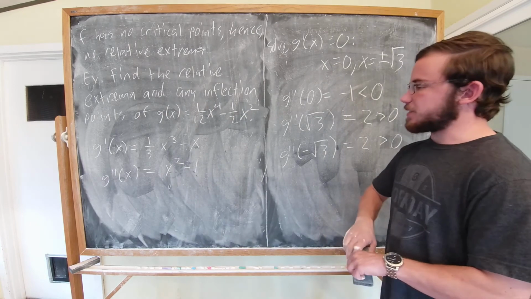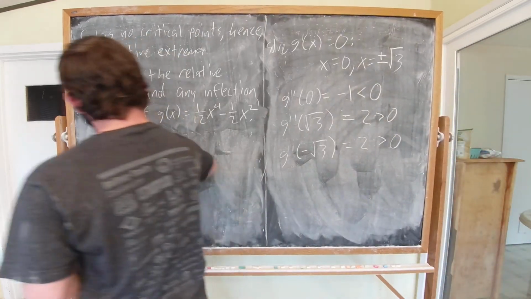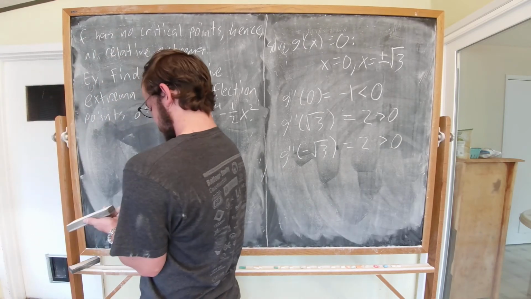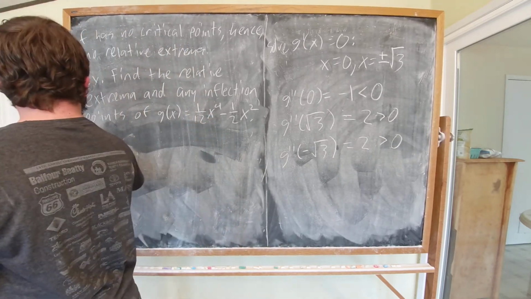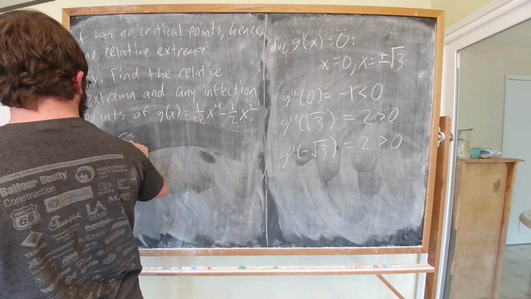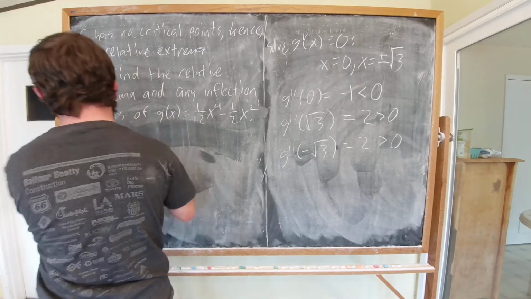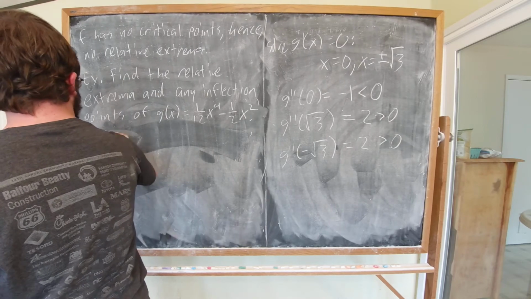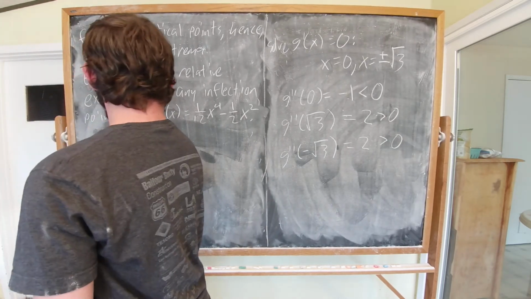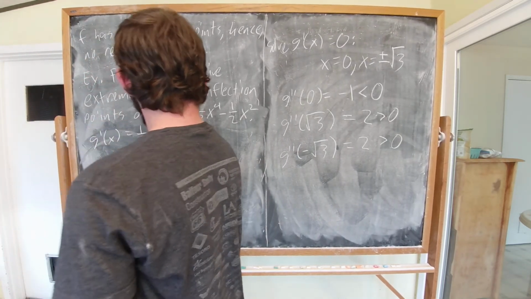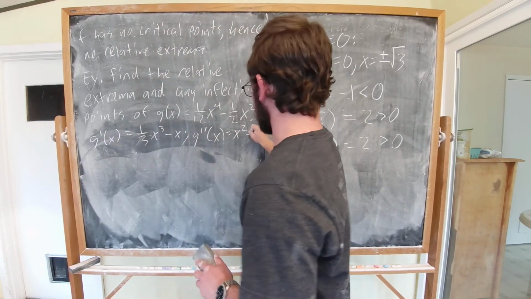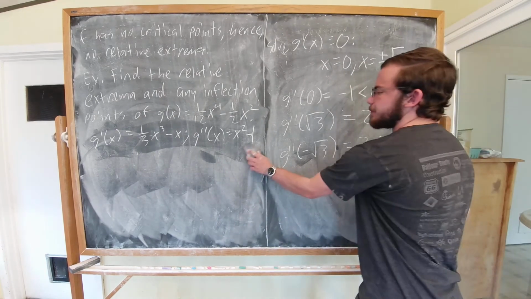What the second derivative test says... I guess I shouldn't have erased those. G prime of x equals 1/3 x cubed minus x. G double prime of x equals x squared minus 1. Alright.